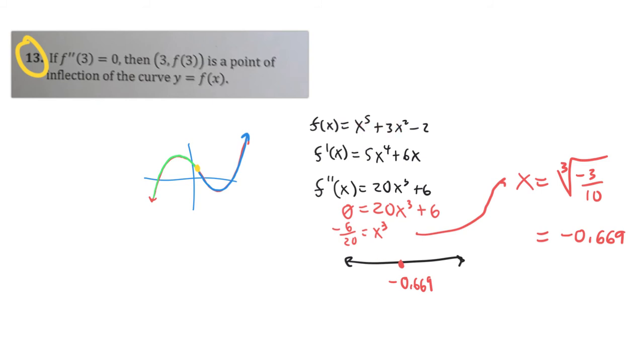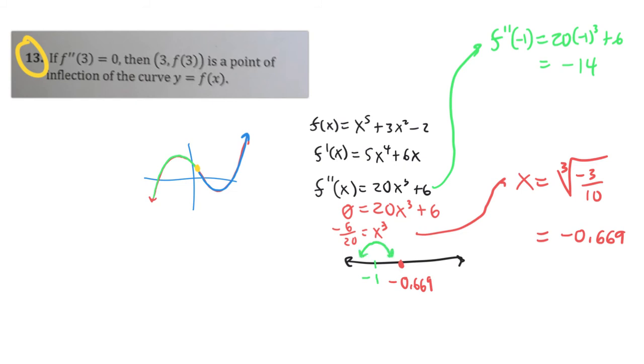So let's try -1 as a test value and plug that in here. What happens when we do f double prime of -1? Well, that would be 20 times -1 cubed plus 6. That's going to be a negative number. I believe that's -14. Okay.